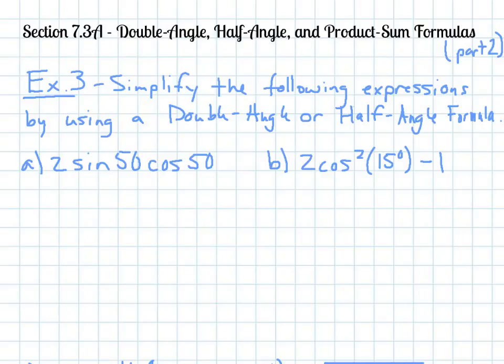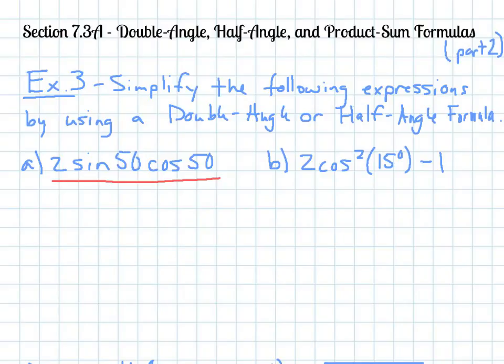Well, now I want to take notice of what I'm given. So I have 2 sine of 50, cosine of 50, and now I notice that there's a 2 times a cosine of some number times a cosine of that same number. So looking at my formulas, that looks like the sine formula for a double angle.